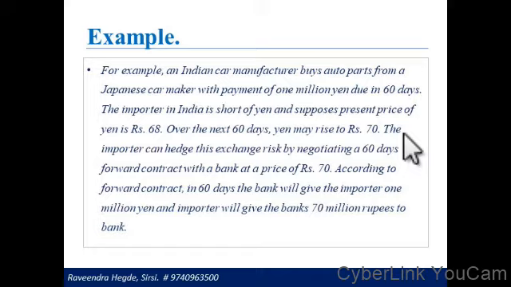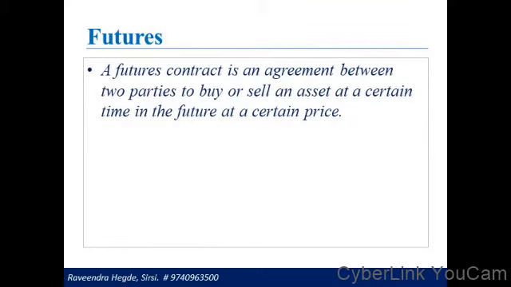According to the forward contract, in 60 days, the bank will give the importer 1 million yen and the importer will give the bank 70 million rupees. So this is about a forward contract. A future contract is an agreement between two parties to buy or sell an asset at a certain time in the future at a certain price.